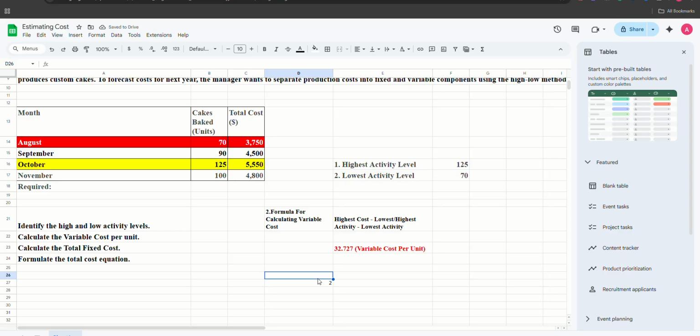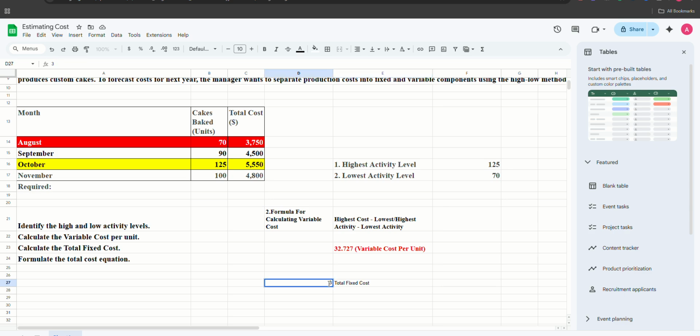Now let's calculate total fixed cost. For calculating total fixed cost we need to use this formula.